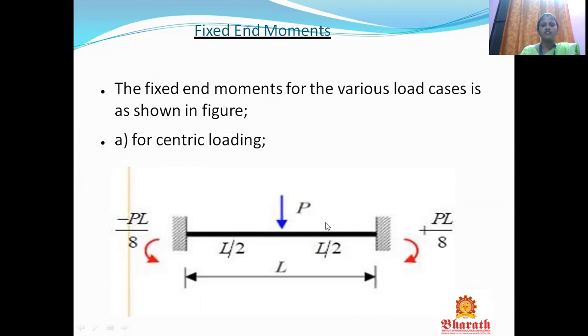In such a case, we have to treat the supports as fixed ends. The formula for the fixed end moments is, we are considering clockwise, clockwise means positive, I told you, anti-clockwise means negative. So for fixed end moments with centric loading, the formula is PL by 8, plus PL by 8 on the right side, and minus PL by 8 on the left side.